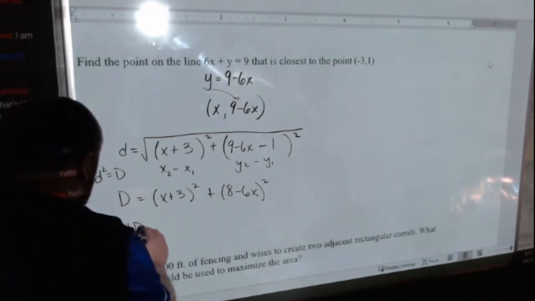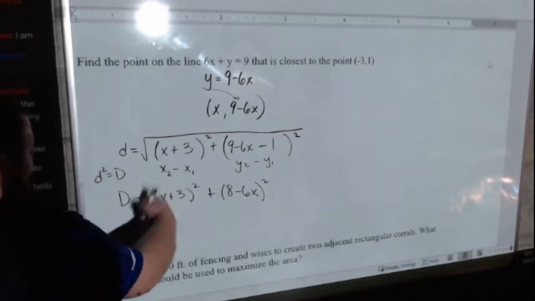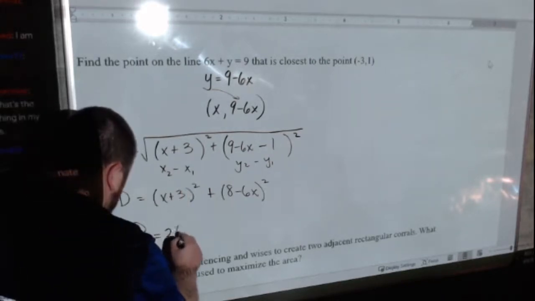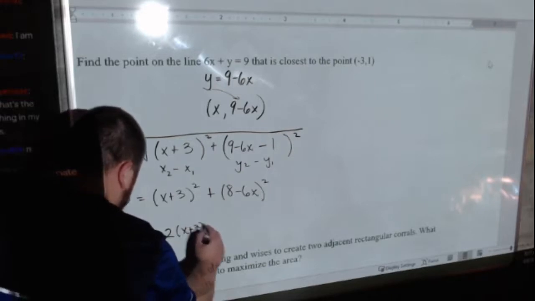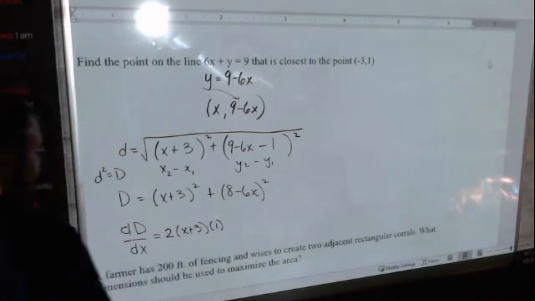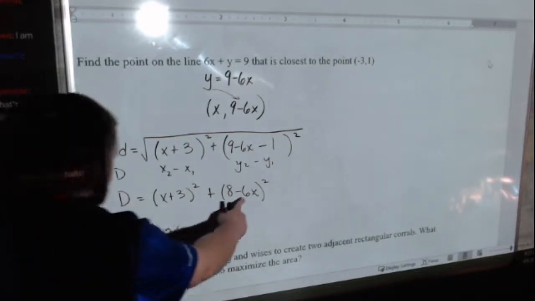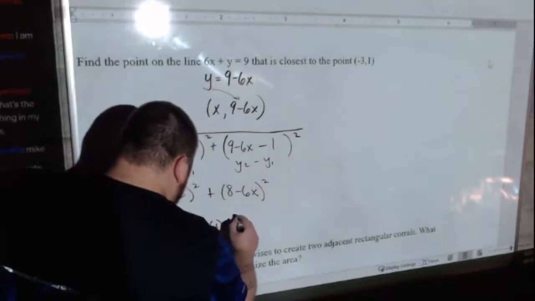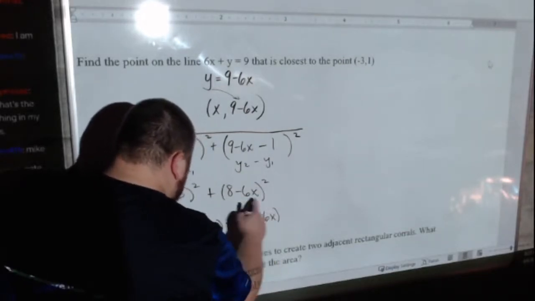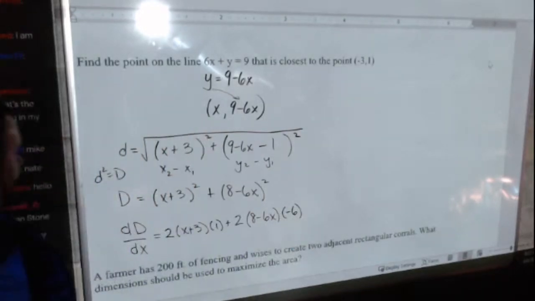So the derivative of big D with respect to x, I'm going to bring this 2 down, leave the inside, and the derivative of the inside is just 1. And then on this one, bring the 2 down, leave the inside, and the derivative of the inside is minus 6.